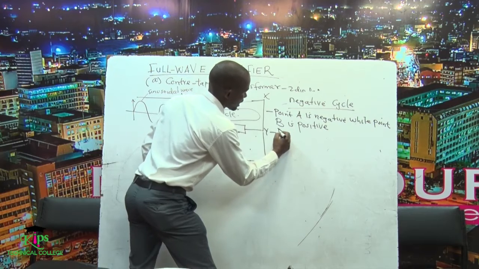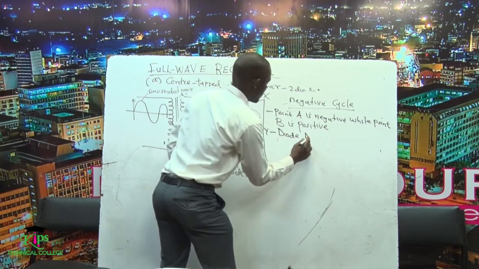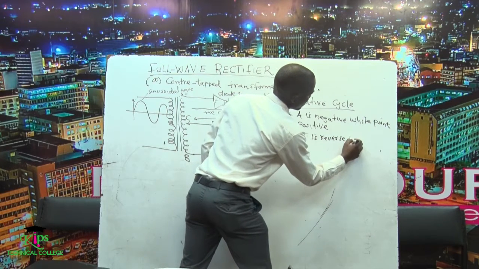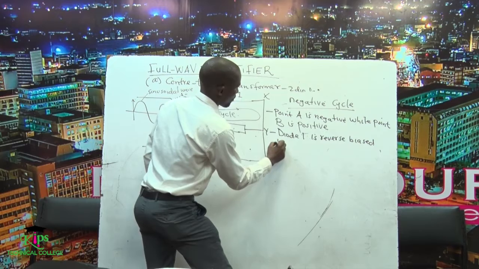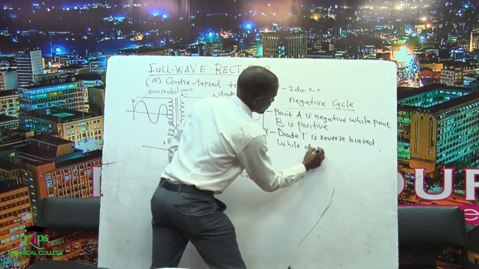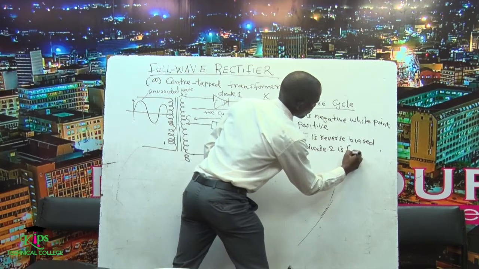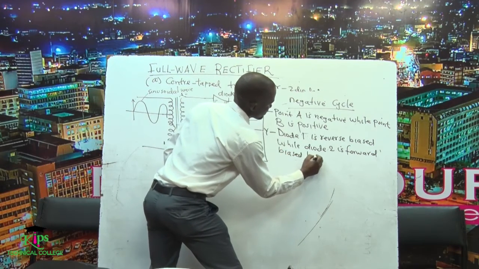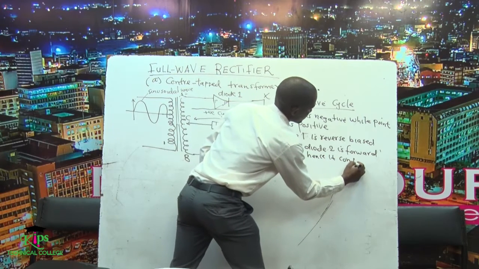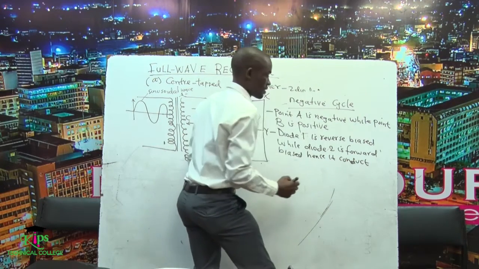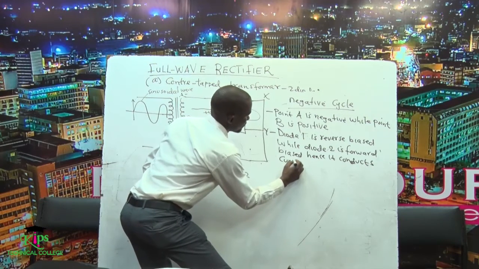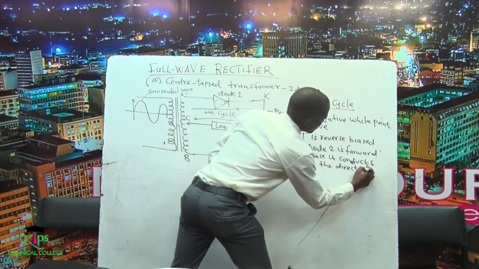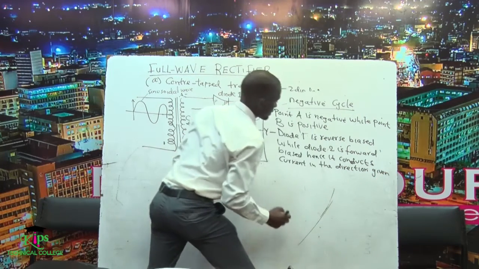So we say diode 1 is reverse biased, while diode 2 is forward biased, hence it conducts current in the direction given to us.